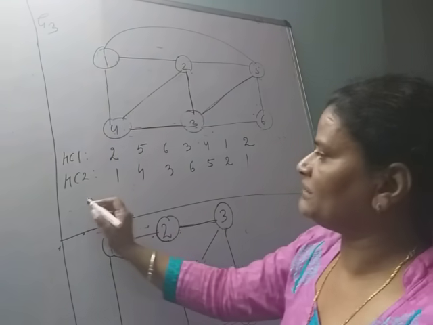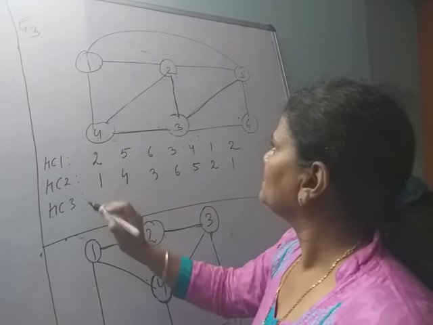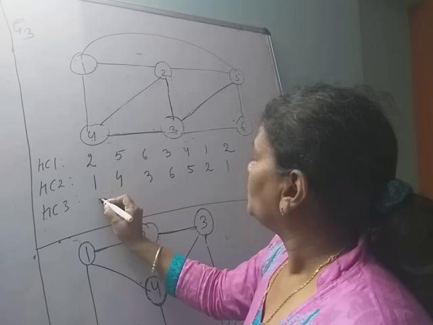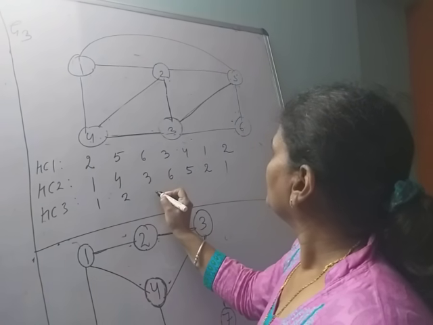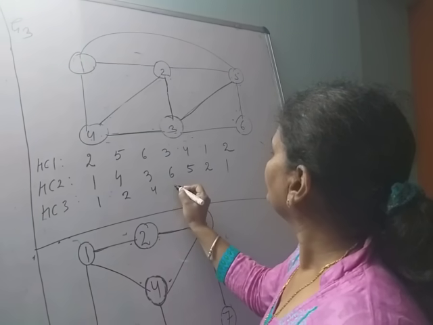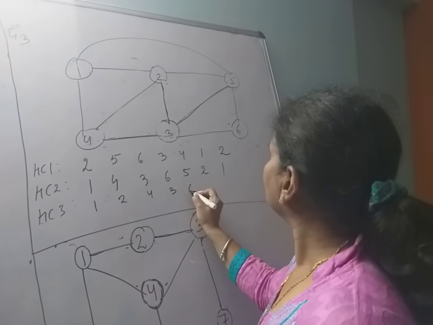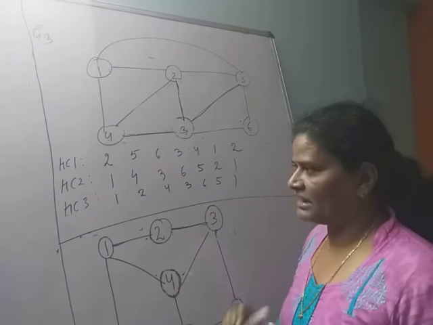This is another Hamiltonian cycle. Another Hamiltonian cycle is 1, 2, 4, 3, 6, 5, 1. This is another Hamiltonian cycle.